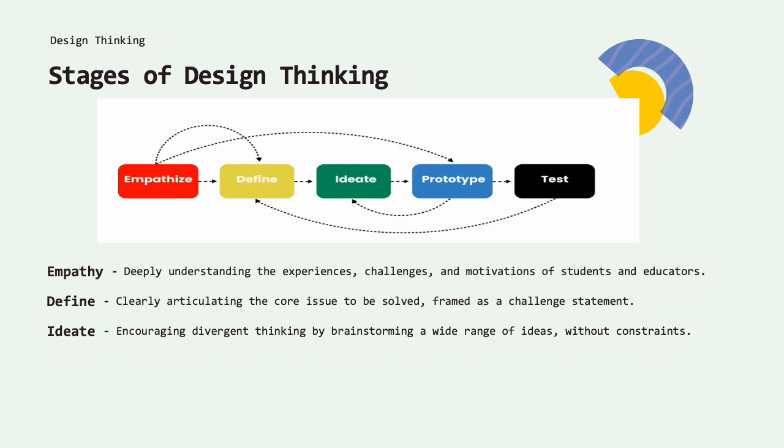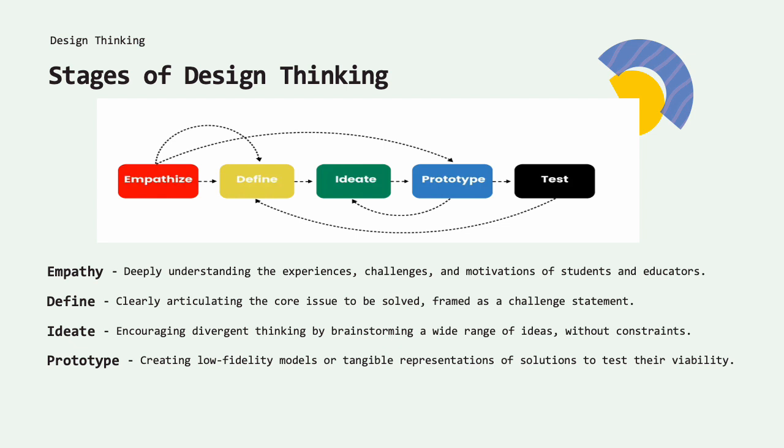Encouraging divergent thinking by brainstorming a wide range of ideas without constraints. Prototype. Creating low-fidelity models or tangible representations of solutions to test their viability. And finally, the test stage, iterating the prototypes based on feedback, ensuring they effectively meet user needs.